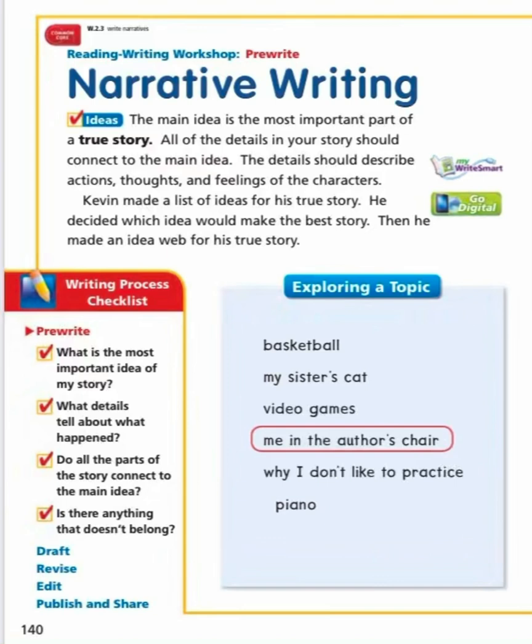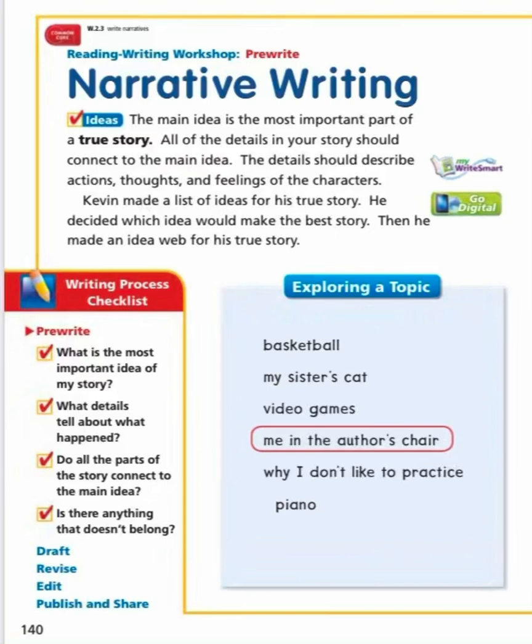Narrative writing. Ideas. The main idea is the most important part of a true story. All of the details in your story should connect to the main idea. The details should describe action, thoughts, and feelings of the characters. Kevin made a list of ideas for his true story.